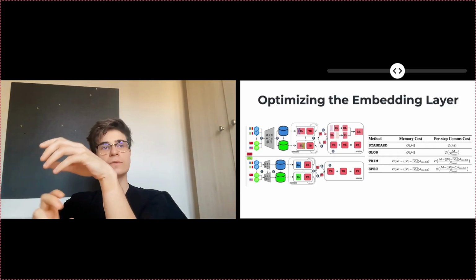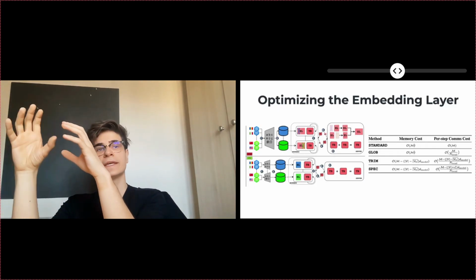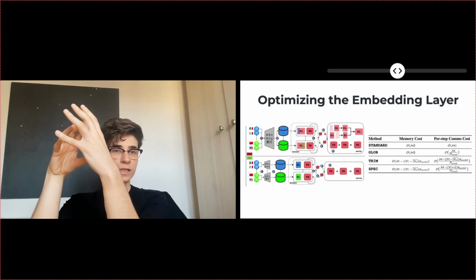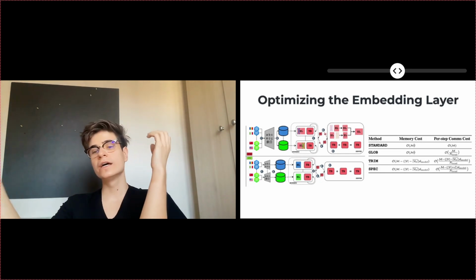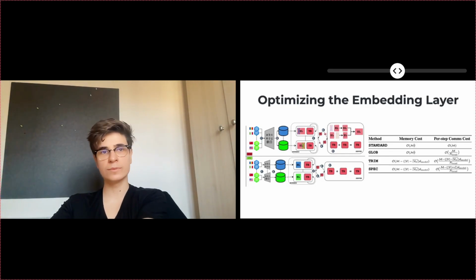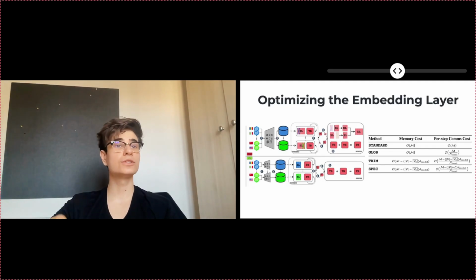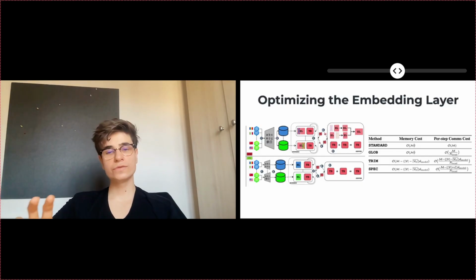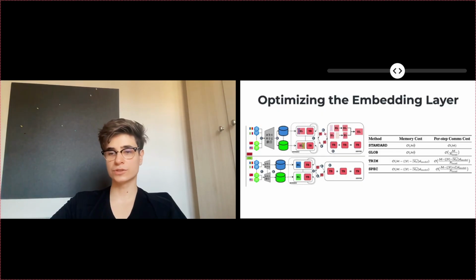Then we have SPEC, which essentially states that if you take the embedding matrix and make it fully specialized to the data source, you never need to share it, because only this data source trains with this embedding matrix, you can do the training entirely locally, and then you don't have to ever propagate the information to any of the other embeddings. And both of these methods, because they're built on GLOB, achieve this sort of linear reduction in the communication cost due to only communicating every n local steps.